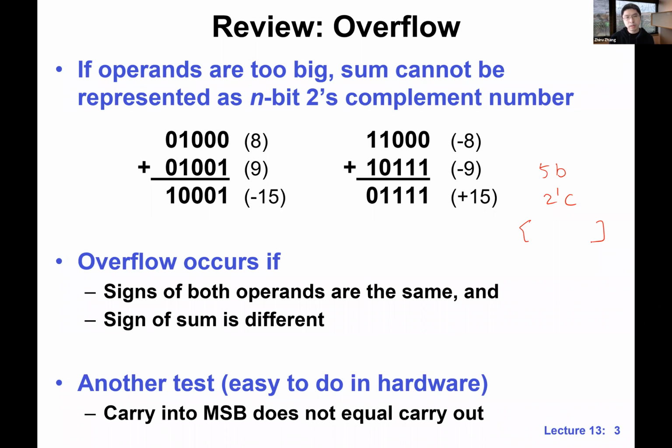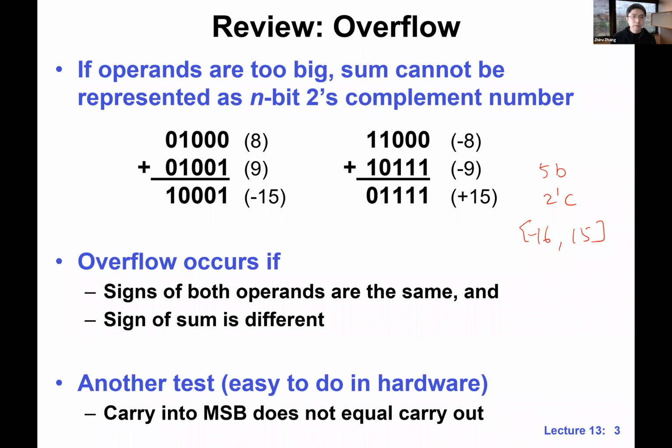For unsigned with 5 bits, the range we can represent is 0 through 31. With 2's complement, obviously we cannot soar up to 31. We have to spend at least half of it for the negative part. Very good. So the lower bound is minus 16, minus 2 to the 4. What's the upper bound? 15, very good. Not 16.